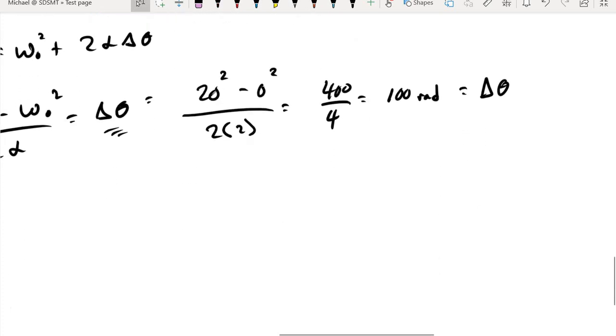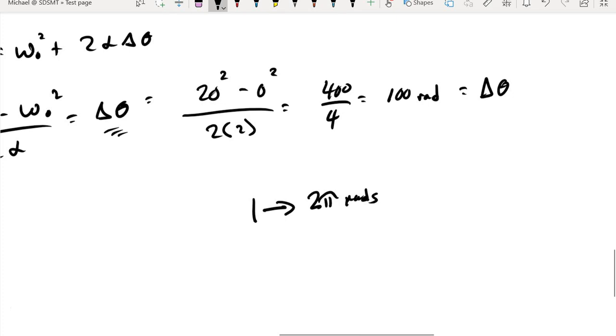Now, just out of curiosity, how many radians are there in one full circle? Well, one full circle would be one time around the circle, and so that would mean 2 pi radians. But 2 pi radians, if you plug that into your calculator, it's just a little bit over 6.